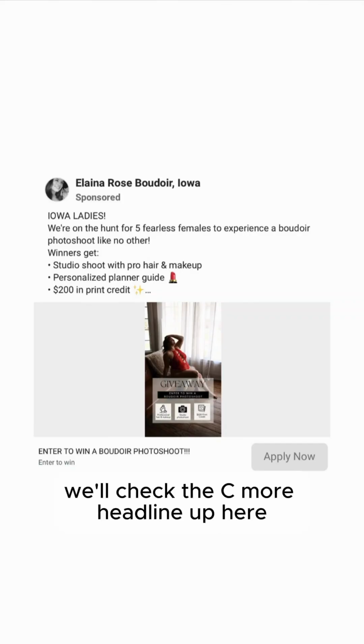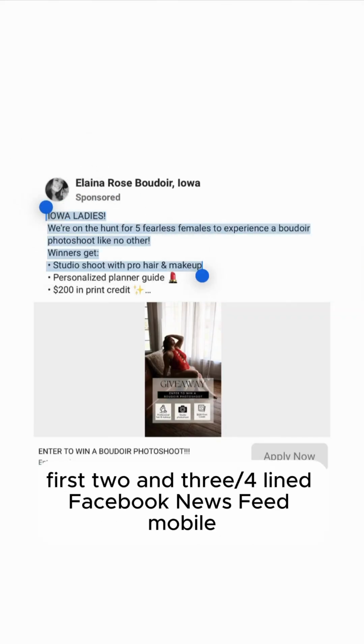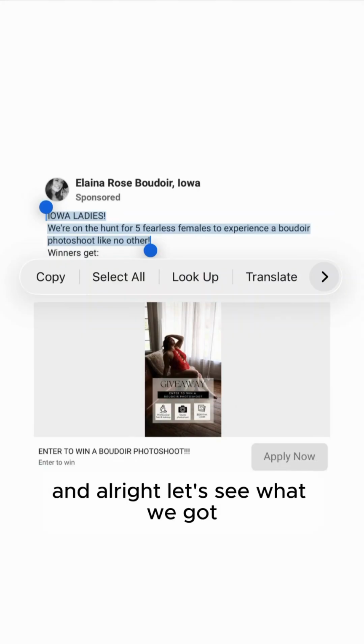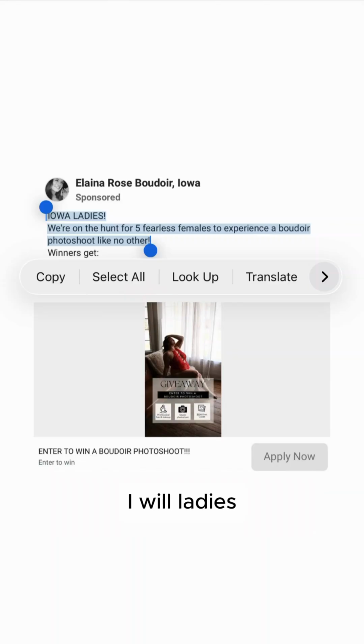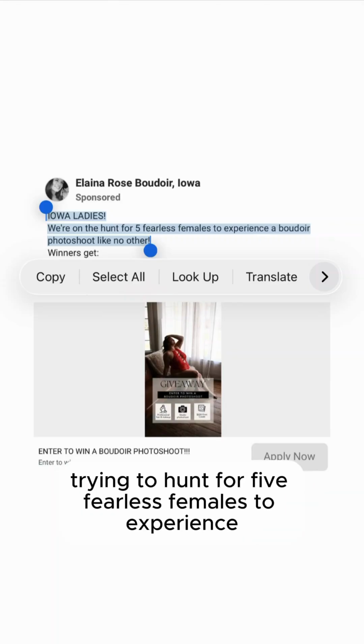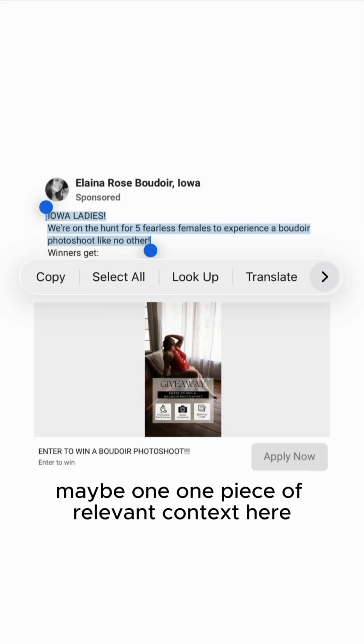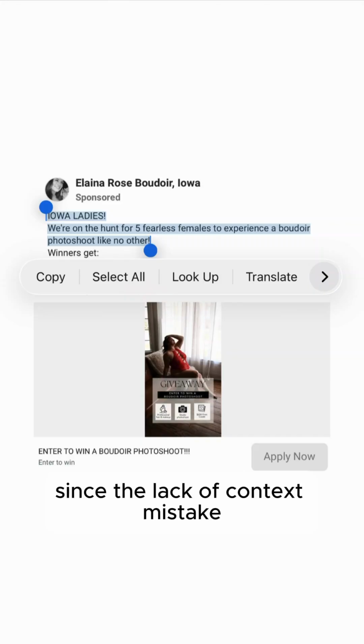All right, finally, we'll check the see more headline up here, the first 2 3/4 lines in the Facebook newsfeed on mobile. All right, let's see what we got. Ladies are on the hunt for 5 fearless females experiencing Boudoir photos she liked. All right, so we only got maybe one piece of relevant context here. So it's the lack of context mistake.